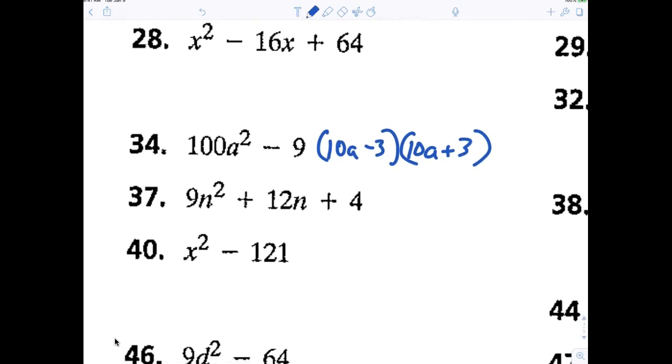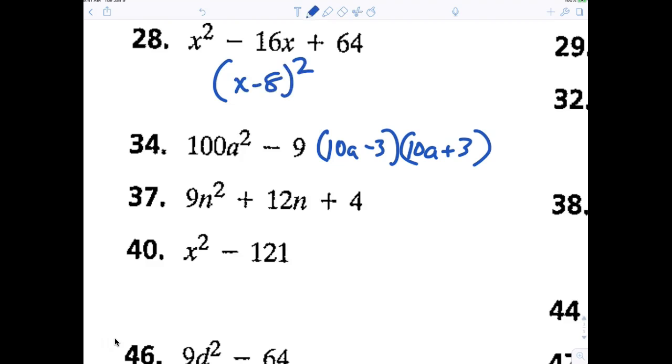All right, Isabel, tell me about 28. Yep. That's exactly right. So some of you guys are getting pretty smart. We can just do x minus 8 squared.